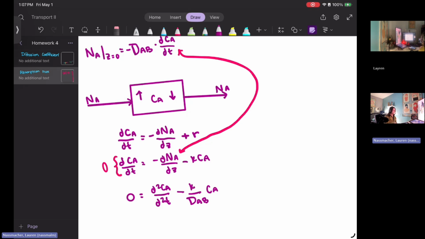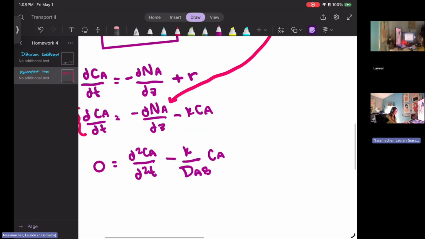I'm going to make this simpler to solve because we're going to be using differential equation concepts, so I need to create a constant for this part of the problem.